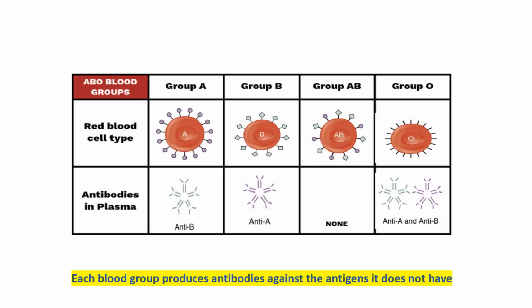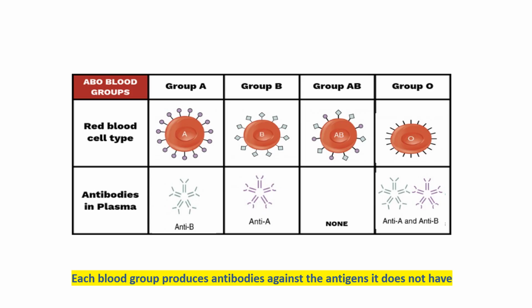Before we proceed with discussing the correct and incorrect options, let's first review the ABO blood system concept, which is based on the presence or absence of A and B antigens on the red blood cells. Each blood type produces antibodies against the antigens it does not have. For blood group A, it has A antigens, so it will produce anti-B antibodies.